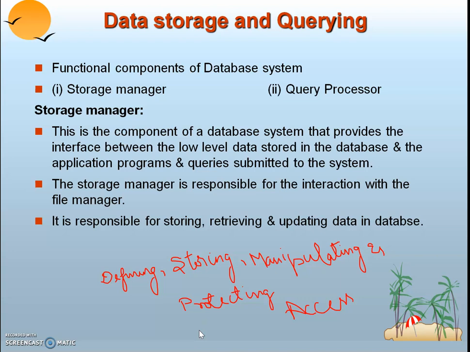That means protecting the information from system crashes or data theft. So how do we protect our information from data theft? It is by providing a proper authentication process or differentiating access permissions for different users.